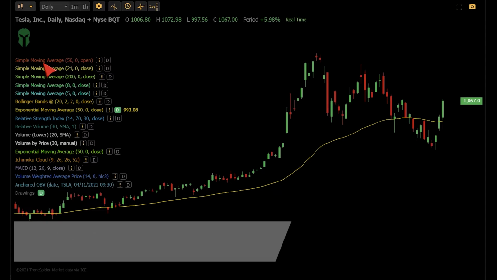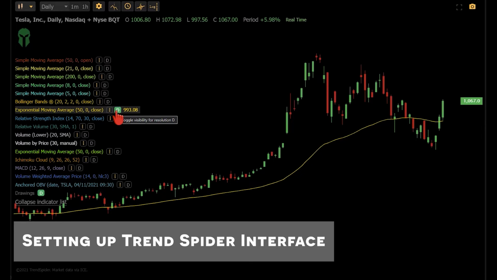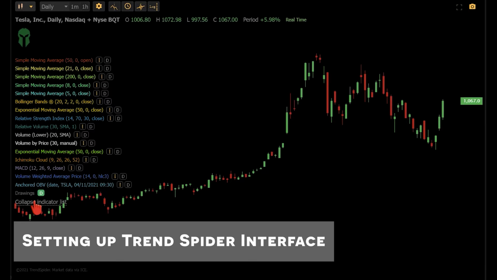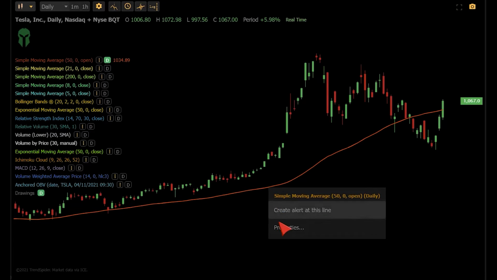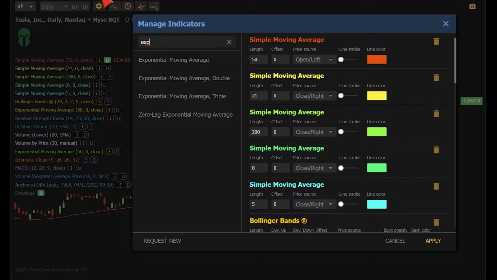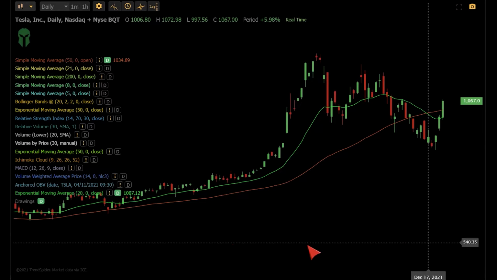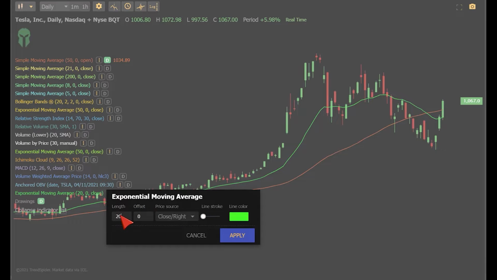I'm using TrendSpider, but if you don't have TrendSpider, say I took this EMA off and I have another moving average on here, like the 50-day simple moving average. All you have to do is click on Properties, go over here to Exponential Moving Average, click on it, click Apply, and then simply click on these 3 dots and change this 50.